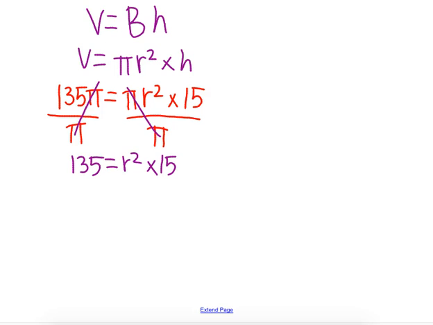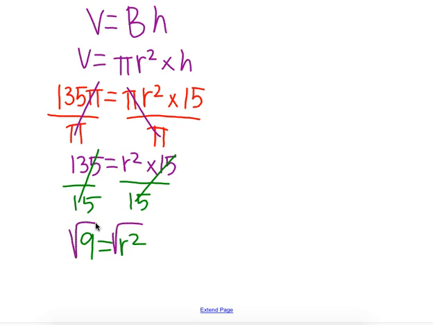We're going to divide by 15. 135 divided by 15 is 9 equals r squared. Now how do you undo something squared? Take the square root. Square root of 9 equals 3. So our radius is 3 centimeters.